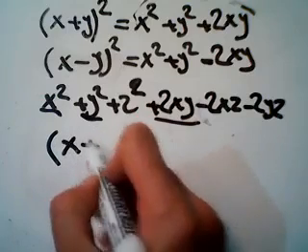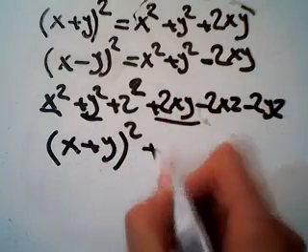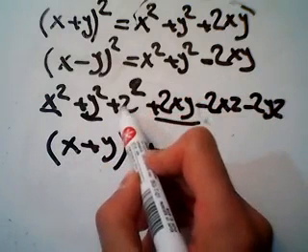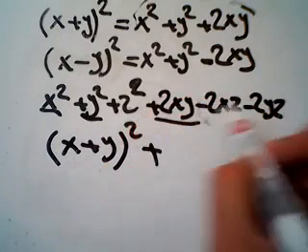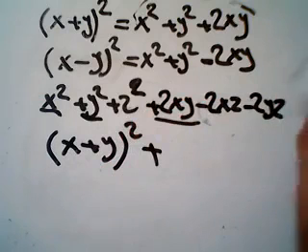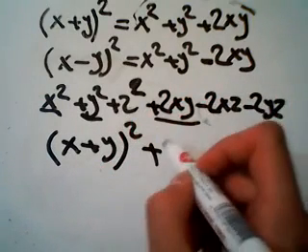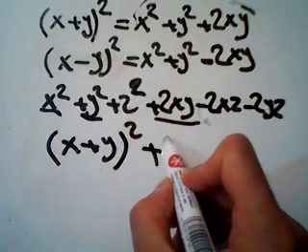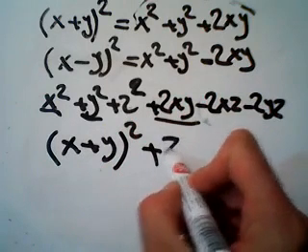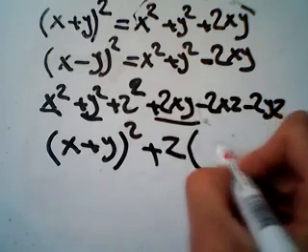That would be x plus y squared plus, and the other terms, the last two have some common term in them, and that is z. So by the first method we write it as z times what the first term would be.